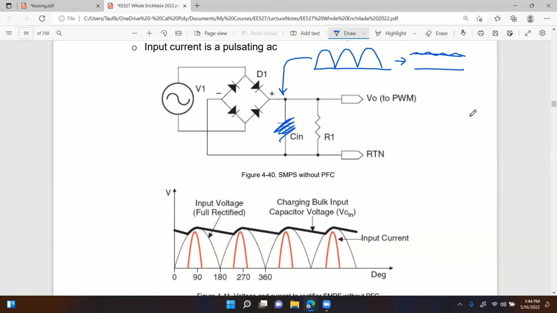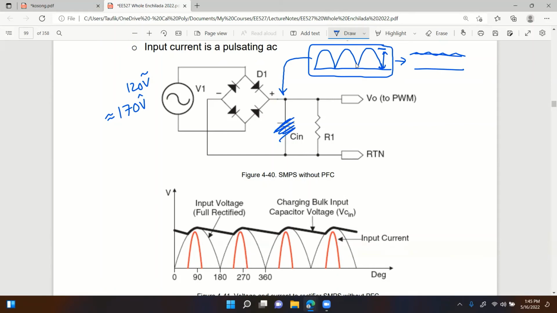Instead of having a big peak-to-peak ripple like this, imagine if it's 120 volts RMS in, that's around 170 volts peak. So the peak-to-peak ripple from here to here is pretty much 170 volts peak-to-peak that goes into our DC to DC converter. That's not good.